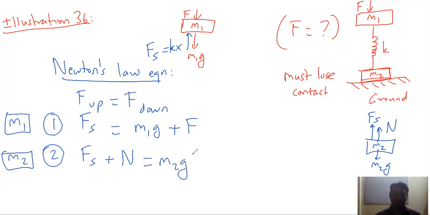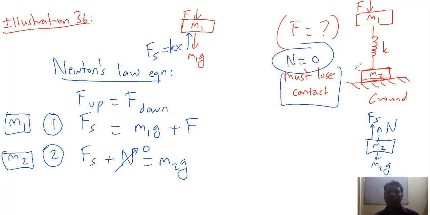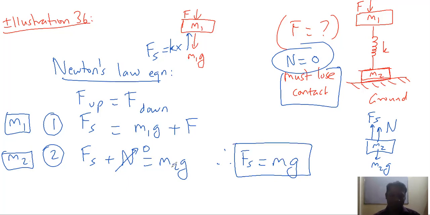Now, for block M2 to lose contact, the normal reaction becomes 0. So to lose contact, the condition is that the normal reaction becomes 0. So our Fs value equals mg, and whose mass is it? M2. So here we will have M2g. So Fs equals M2g. Let us substitute in equation 1.